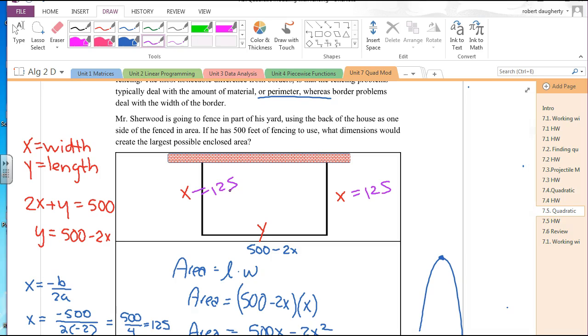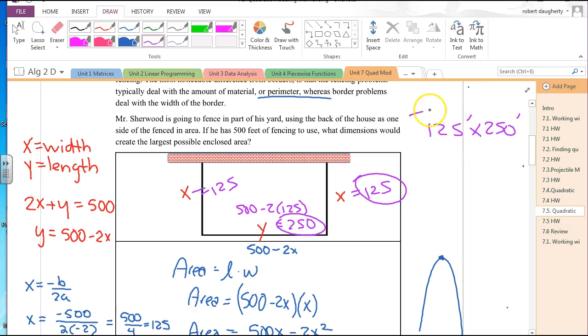It's 500 minus what? So 500 minus 2 times 125, that's equal to what? 250. Okay. So this rectangular area for the fence is 125 by 250.